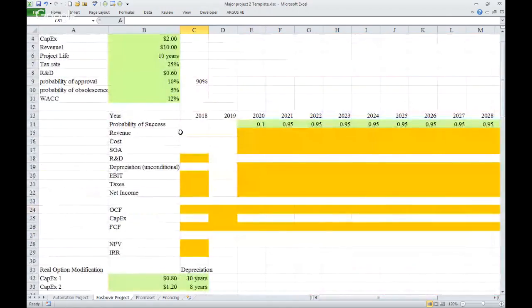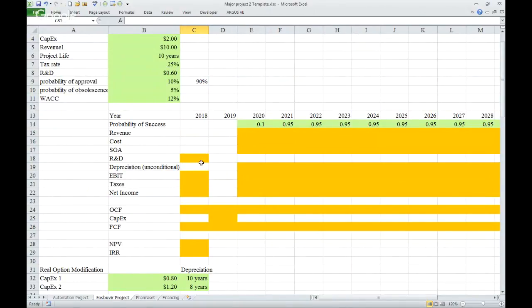In the first approach, when we did not have real option, when we had just one-time investment, technically speaking, you could also do separate calculations. It's just here it is easier to calculate everything together because capital expenditure is not contingent on the outcome.